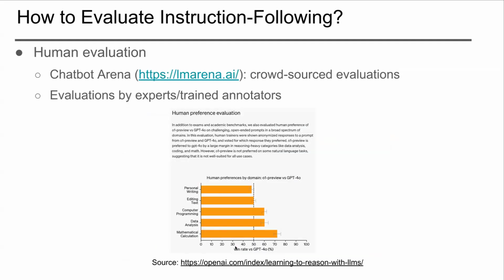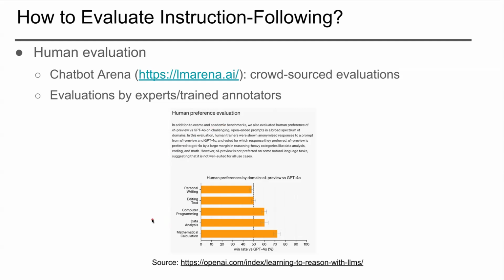And then another type of evaluation is, we saw that Chatbot Arena is a crowdsourced evaluation, where a large number of prompts are provided by users, and then they identify their preferences. However, if there is budget, some people also do expert or trained annotations.